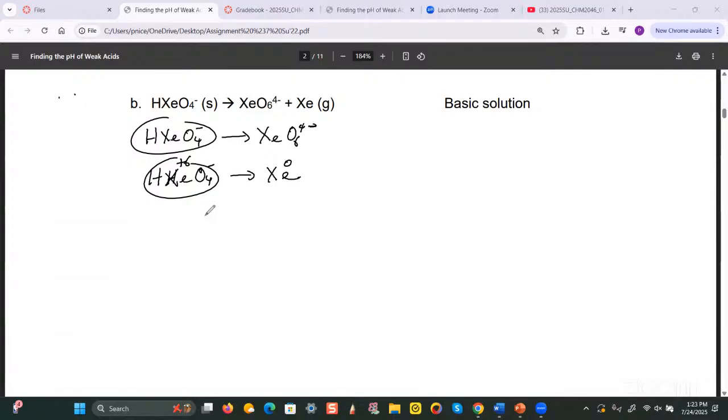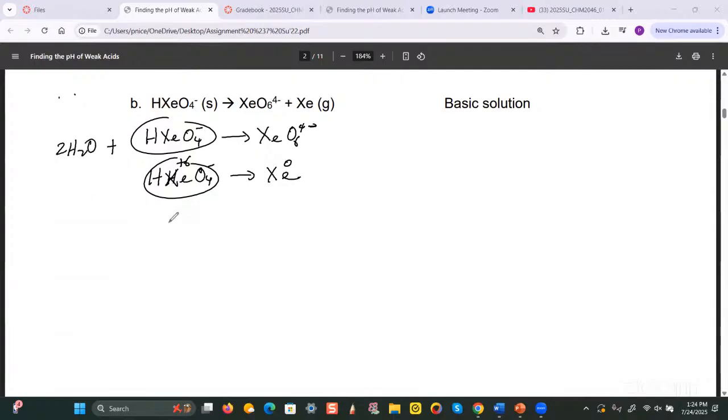After balancing all the other atoms except hydrogen and oxygen, what's the next thing you balance? The oxygen, very good. So how would you balance the oxygens for the first half equation? How many oxygens do we have on the left? 4. How many on the right? So where would you add the oxygens and how many? 2 water molecules you're going to add.